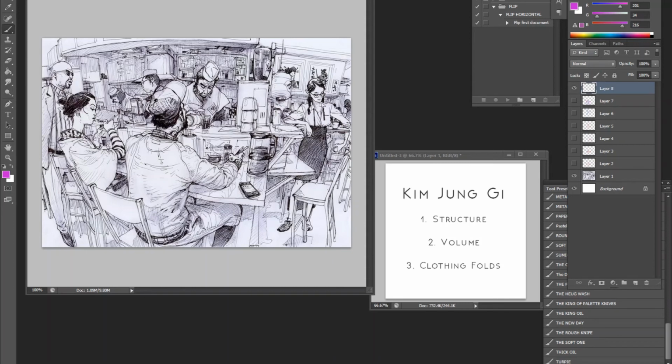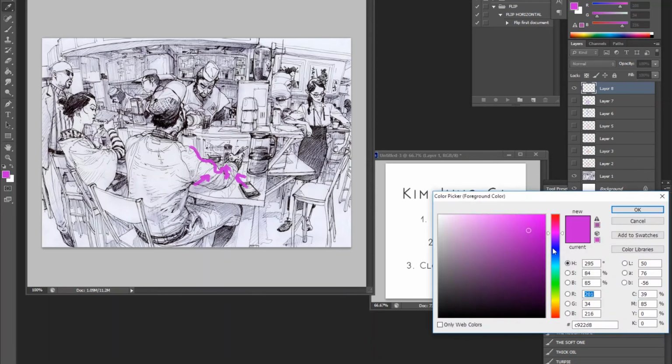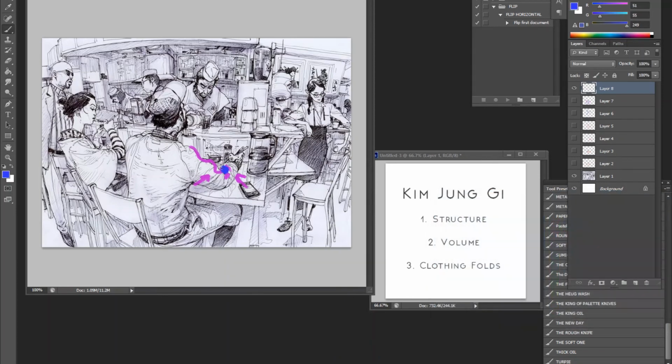So you notice that even though it's not picture perfect, we're not talking about picture perfect with reference, he knows where the tensions lie. So you realize this arm is bending this way, therefore it creates tension right here. So where there's tension, you just create some wrinkles here.